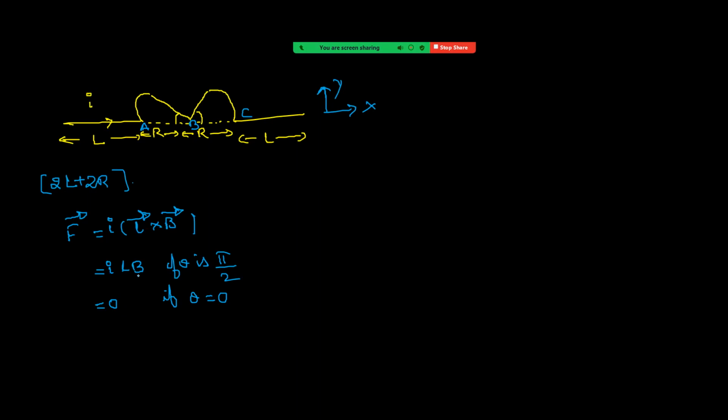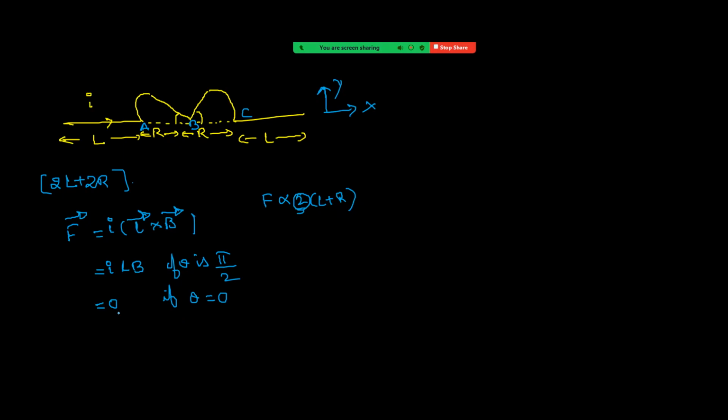So here I is a constant, B is a constant, remaining is now L. So F proportional to 2 into L plus R, and 2 is a constant, therefore F proportional to L plus R if B bar is either along y-axis or along z-axis because angle is 90. If B bar along x-axis, F equal to 0.